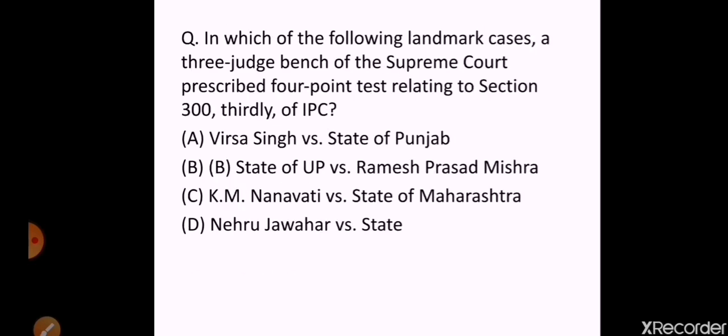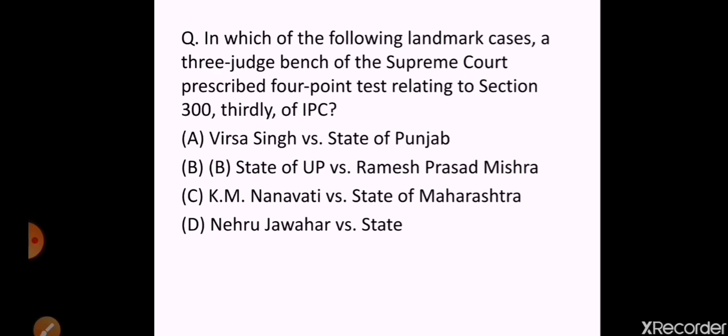In which of the following landmark cases did a 3-judge bench of the Supreme Court prescribe a 4-point test relating to section 300 thirdly of the IPC? The options are: A: Virsa Singh versus State of Punjab. B: State of UP versus Ramesh Prasad Mishra. C: KM Nanavati versus State of Maharashtra. D: Nehru Jawahar versus State.